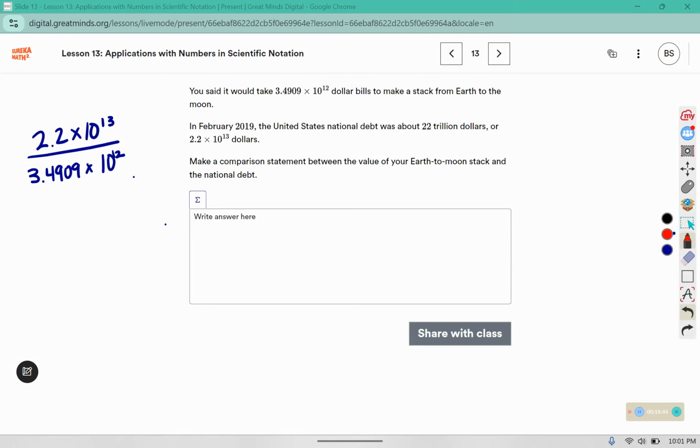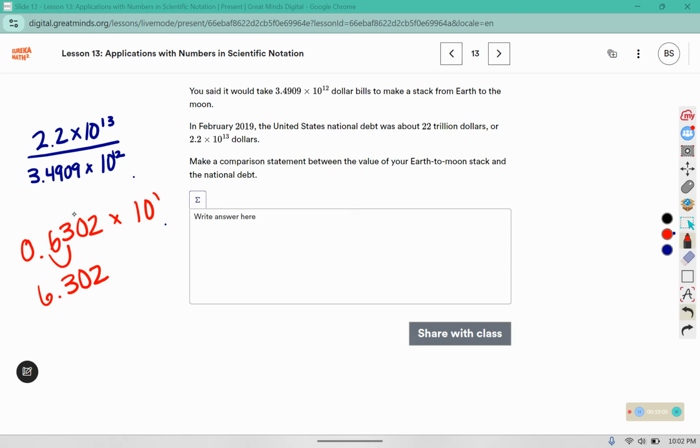2.2 divided by 3.4909 is about 0.6302, and we subtract the exponents. 13 minus 12 would be 1. This is not in scientific notation. It needs to be bumped over 1 decimal spot.